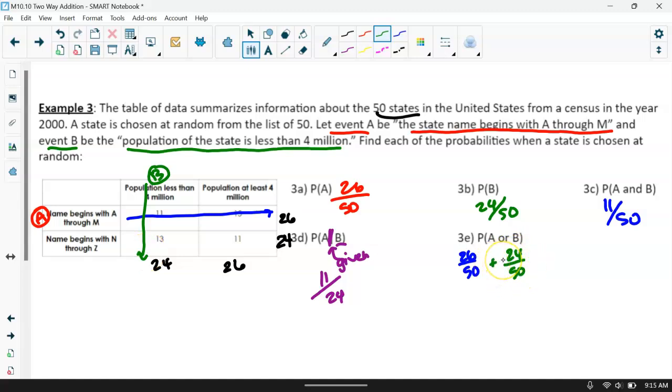But we're not going to add those together and say 50 out of 50. What is our overlap out of the 50 that we counted twice? The 11, so 11 out of the 50. That's why this becomes 39 out of 50, or 78%, 0.78.